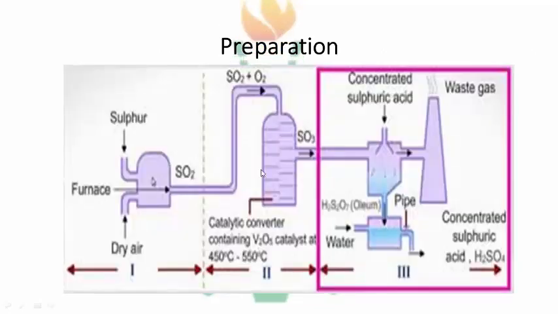This is the whole of the contact process. You can see the sulfur dioxide being produced and passed to the contact tower. You can see the SO3 being produced, then this is where the oleum is formed, then water is added, and then the concentrated tetraoxosulfate 6 acid is formed.